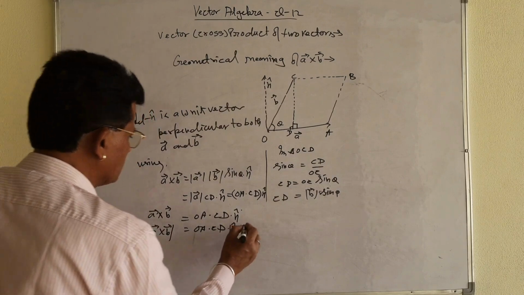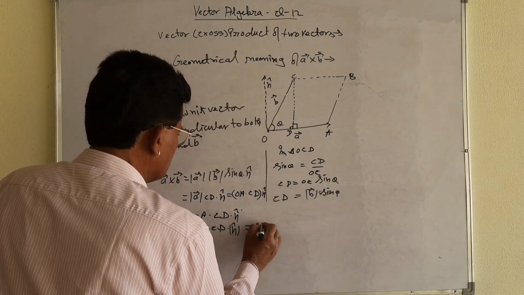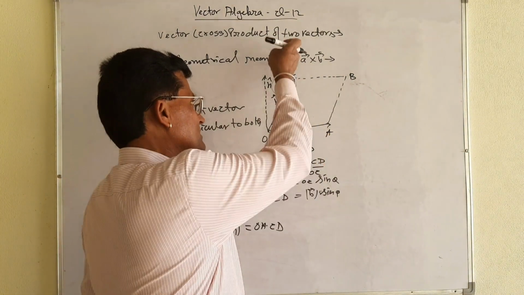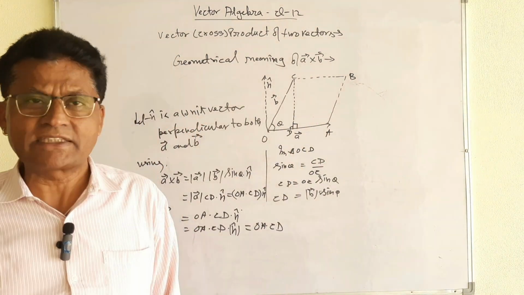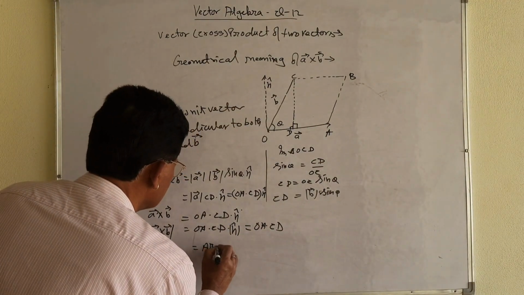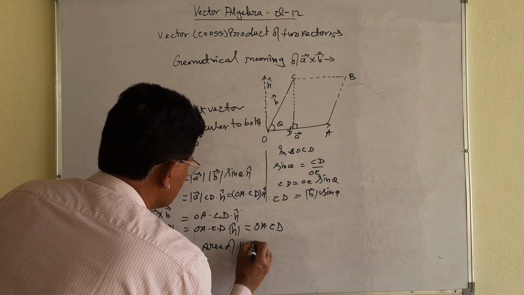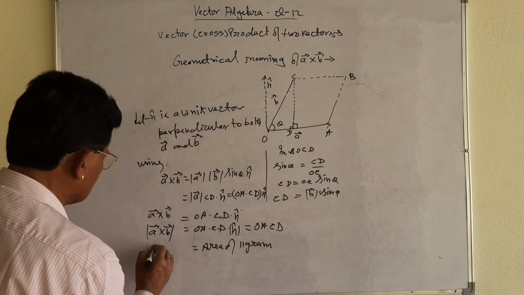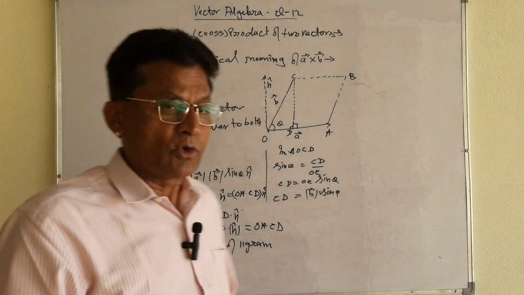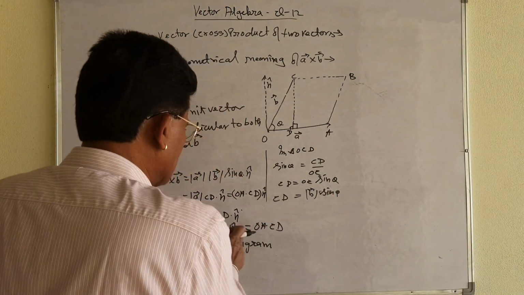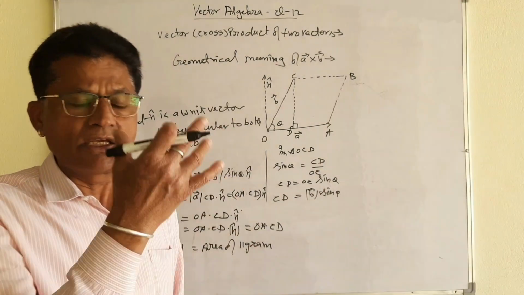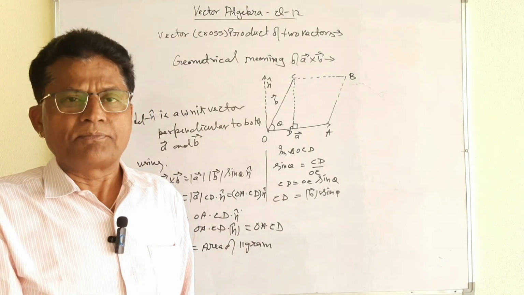Magnitude of the unit vector is equal to 1. So it is OA into CD, base into perpendicular, that is the area of the parallelogram. Most important result. If you want to find the area of the parallelogram, this will be the required area, by the definition I have discussed as per the given figure.